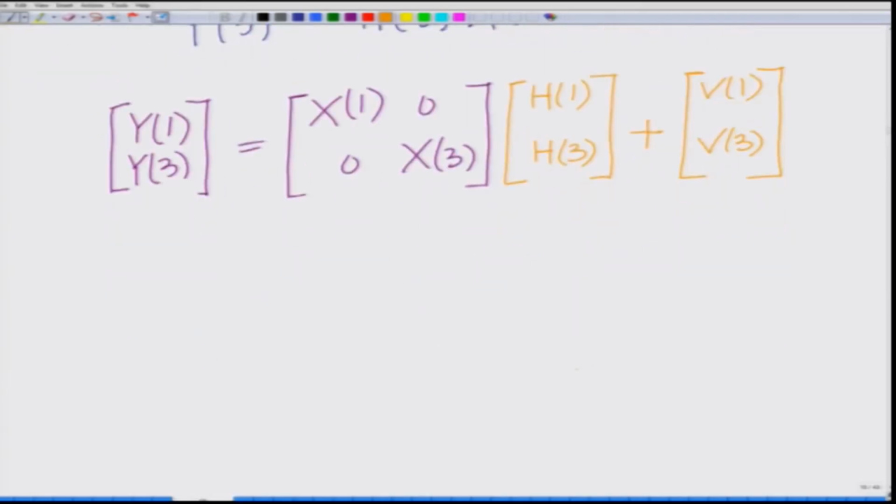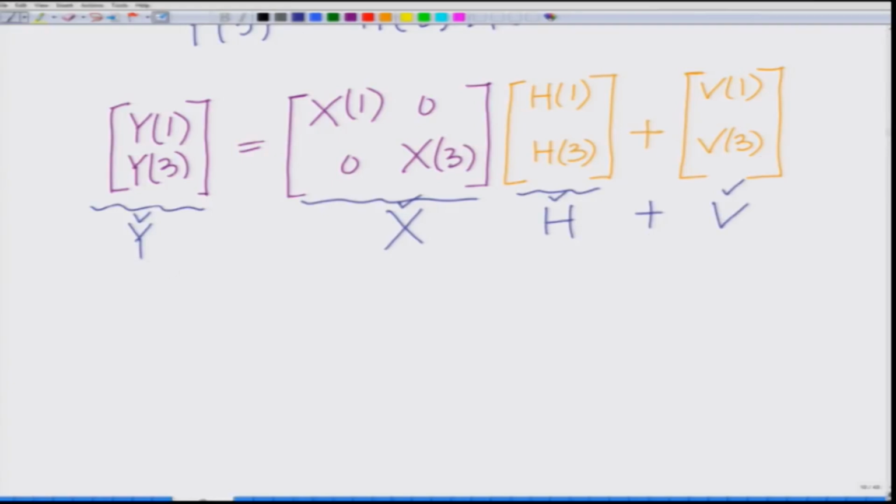Now let us call this output vector y check, and let us call this diagonal matrix of pilot symbols x check. This is in fact the pilot matrix. Let us call this vector h check, plus this is v check.